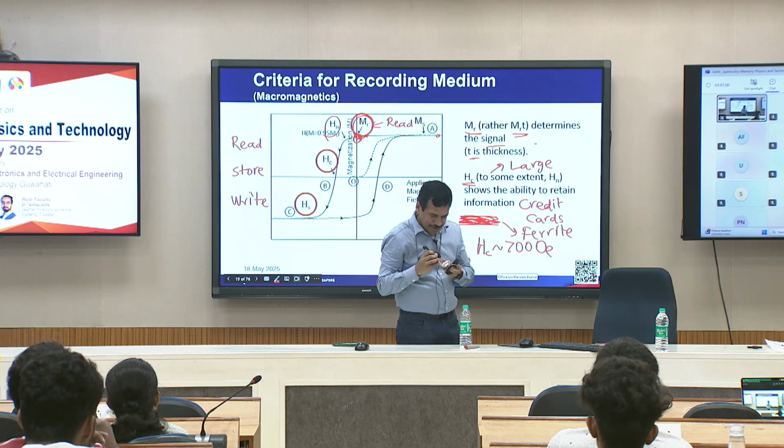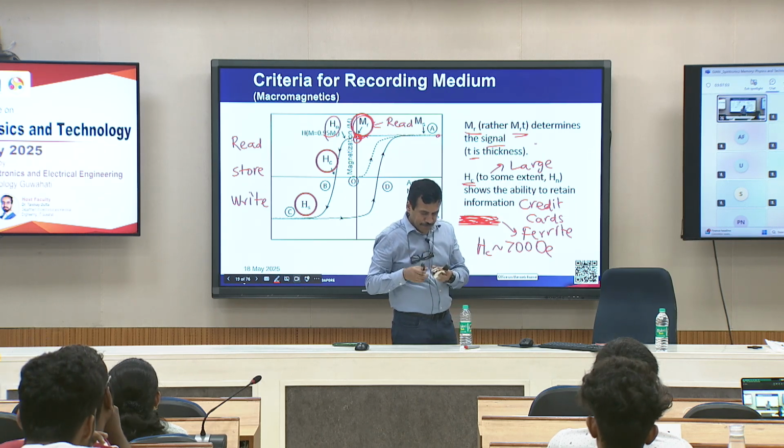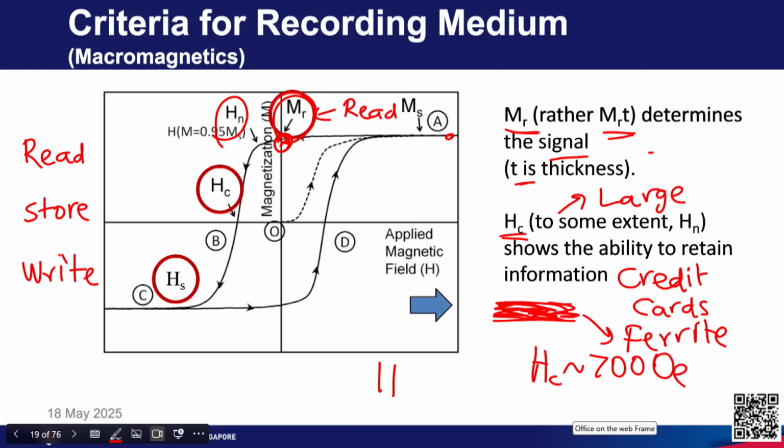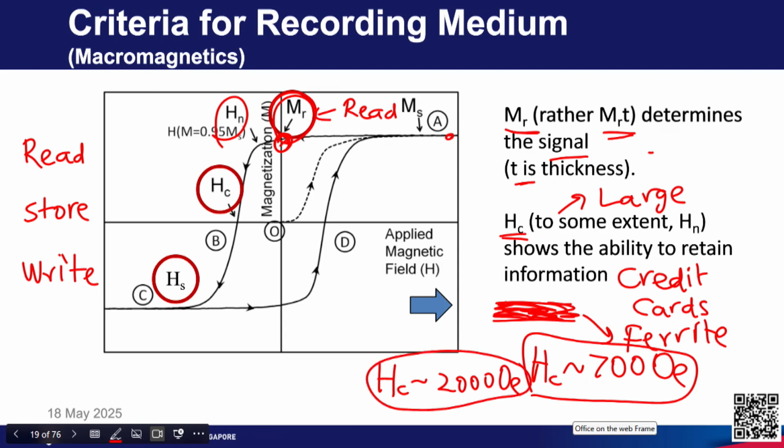You can see they generate magnetic field. So, these tiny magnets can generate magnetic field of around 2000 oersted. So, suppose I place a credit card in my pocket along with one of these magnets, then it is going to erase the information. So, now I can say this coercivity is not large enough to retain information.